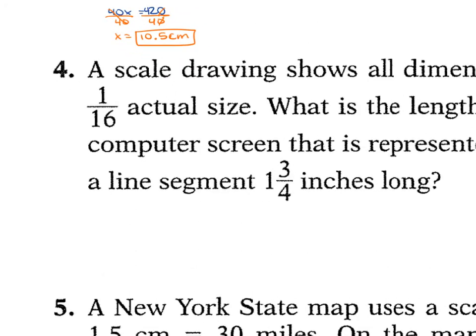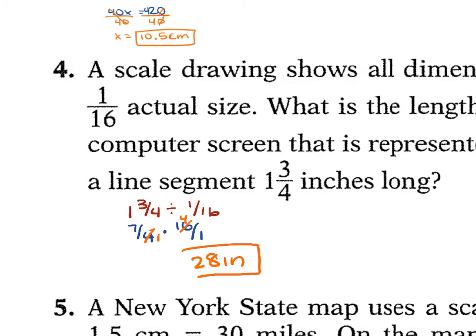So we are going to have 1 3/4 divided by 1/16. So the 1 3/4 has to turn into 7/4. Change to multiplication, flip your second fraction. The 4 turns into a 1, 16 turns into a 4, so it's 7 times 4, which is 28 inches.